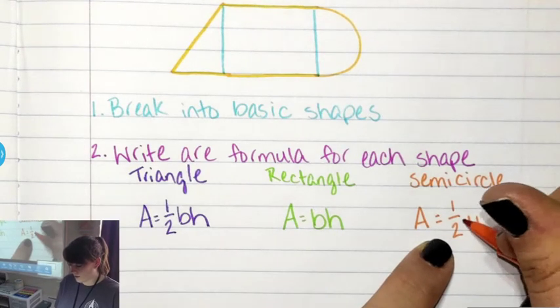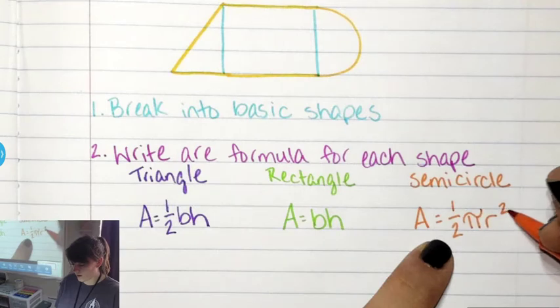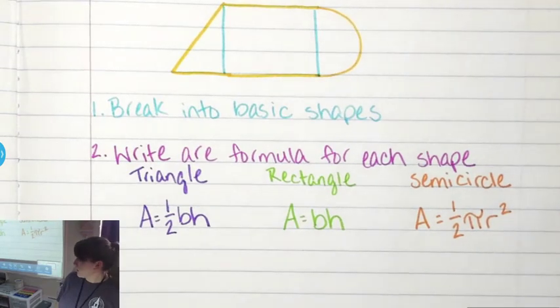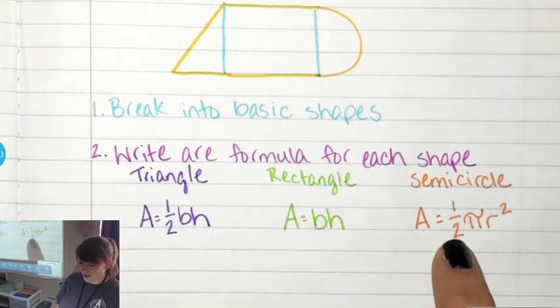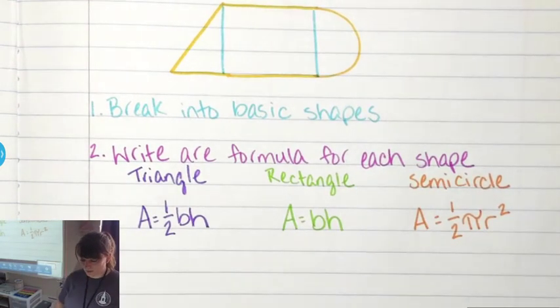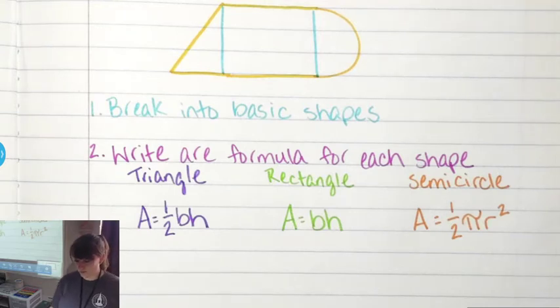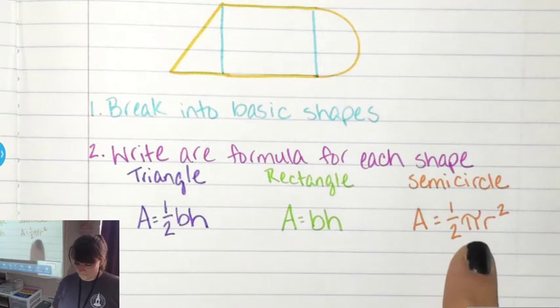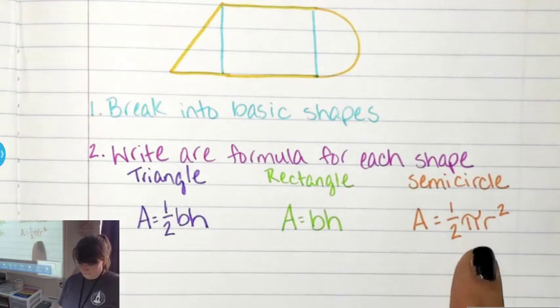Pi r squared. So the half part is just because it's half a circle. Now we just work each one out, one at a time. Wait, so in that one, it would be like a regular circle, but you're dividing it. Mm-hmm.